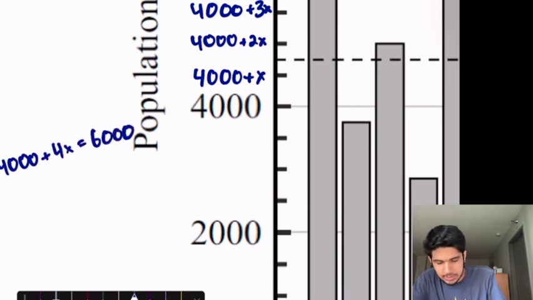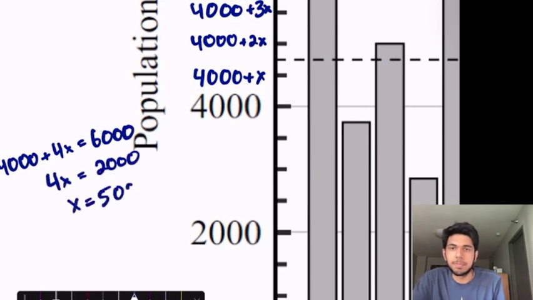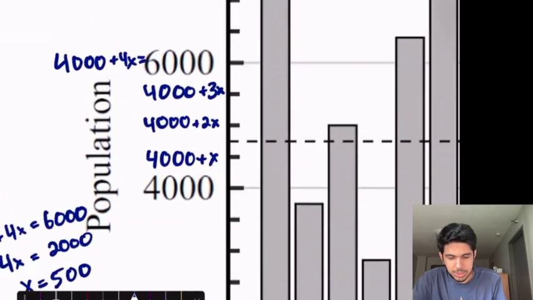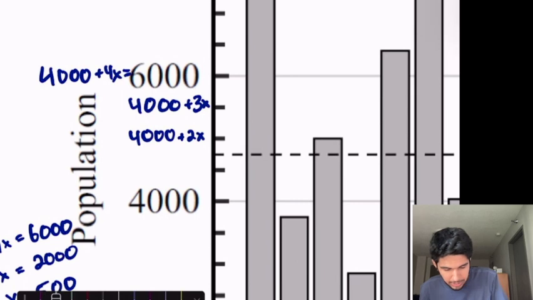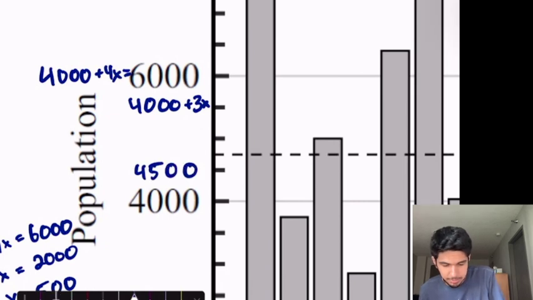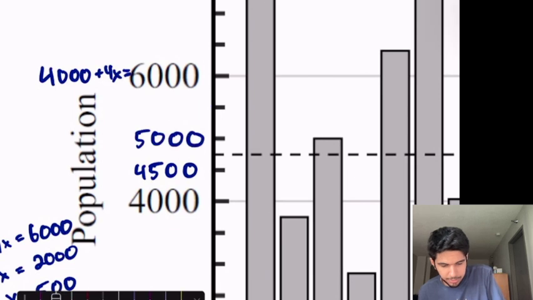Subtract 4,000 on both sides, you get 4x equals 2,000. So x equals 500. So let's return to where we had these tick marks with x. Let's just substitute in our value for x. We said it's 500. So the first tick mark will now be 4,500. The next one will be another 500 on top of that, which would make it 5,000. And then another 500 on that will make it 5,500.